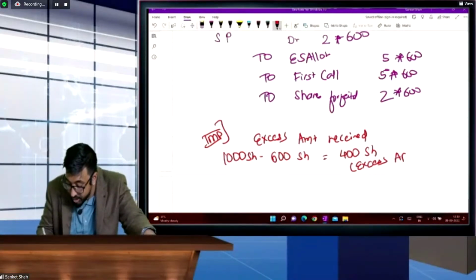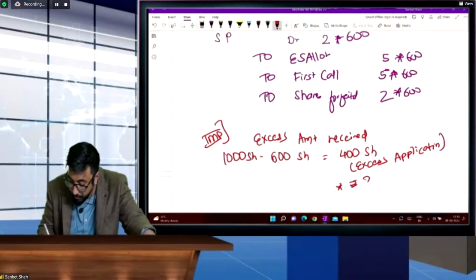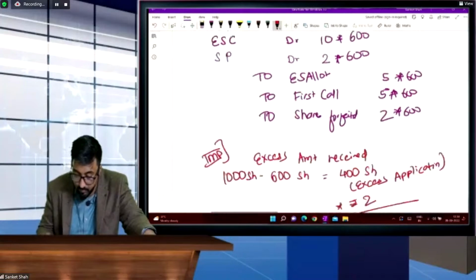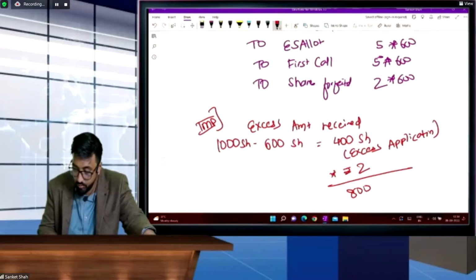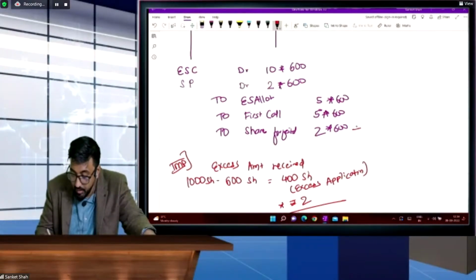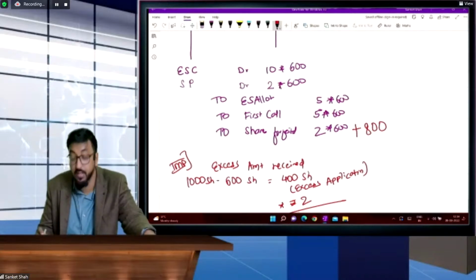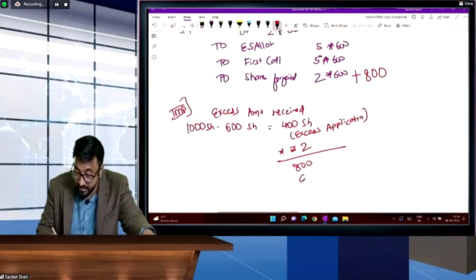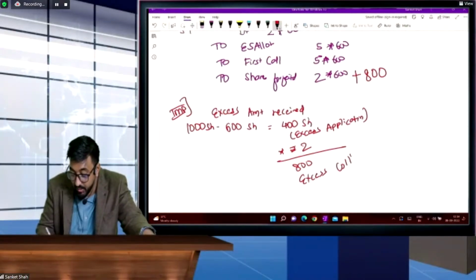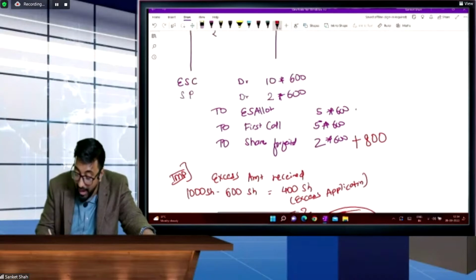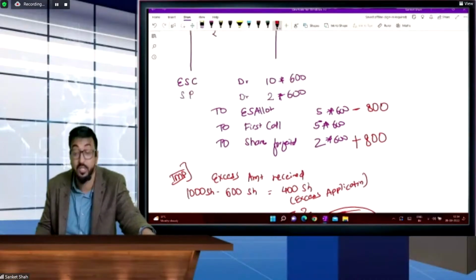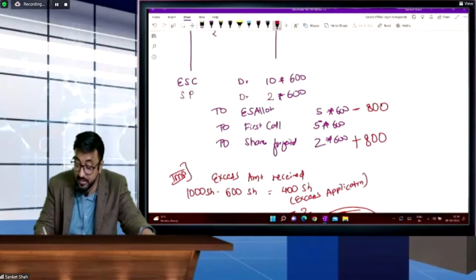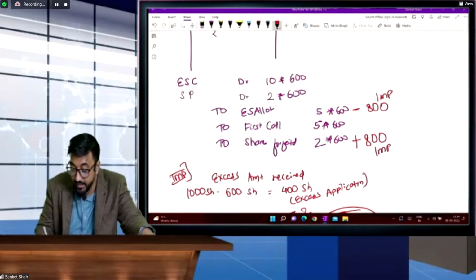Excess application into rupees 2, 800. So application received 800 extra. So you collected excess. Collection is 800, so 800 is deducted from allotment. Now this is IMP and it is added in collection.